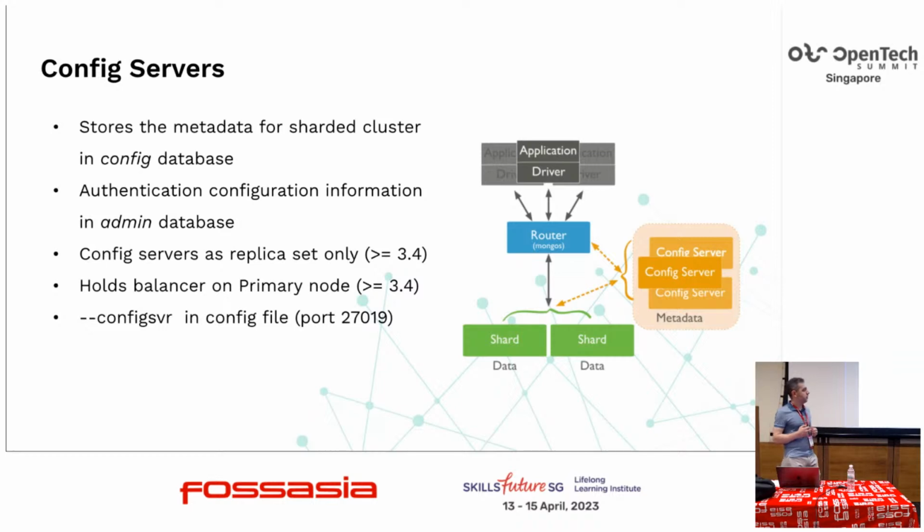Starting with MongoDB version 3.4, which is already out of life a long time ago, the balancer is running on the primary node of the config servers, and this also runs as a replica set for high availability. And also on the config servers, there is the admin database that stores all the information about the users and authentication and privileges on the system.